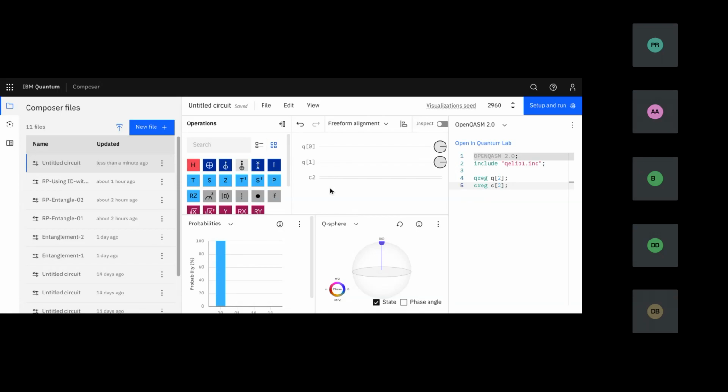Okay. So what I can do right now is show you a simple thing of how it works, because there are so many gates and it's complex. These are the operations.